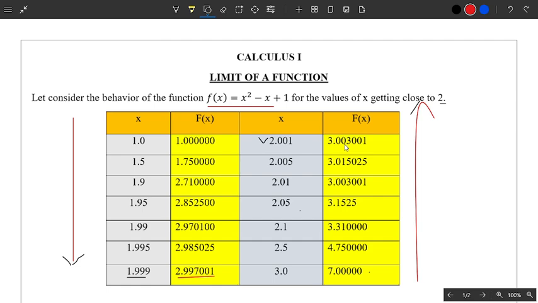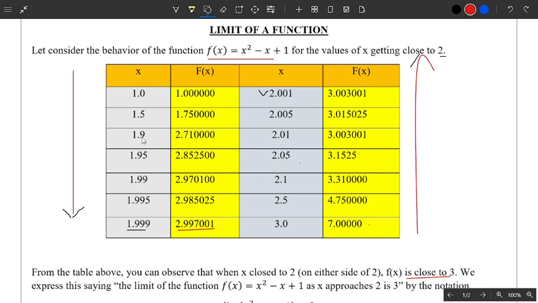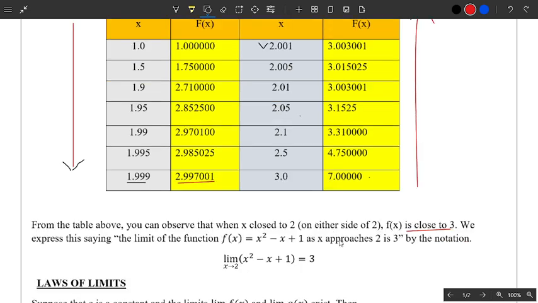So you can see the limit of the function. From the table above, we can observe that when x is close to 2 on either side of 2, either from the negative side or the positive side, the function is close to 3. From both sides, as x increases toward 2 or decreases toward 2, the function gets closer to 3.